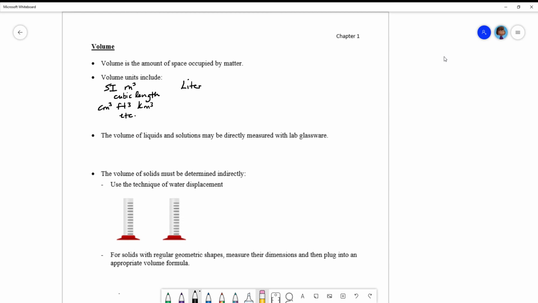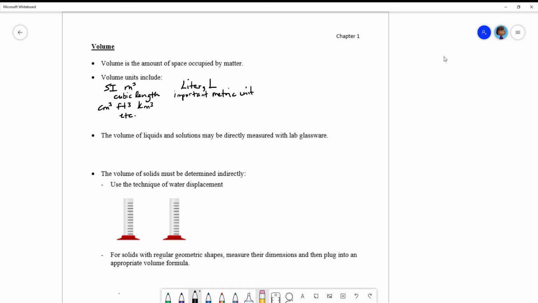The liter, which is abbreviated capital L for liter. So as it turns out, even though it's not the SI unit, the liter is an important metric volume unit. So I'll write that here, important metric unit for volume.